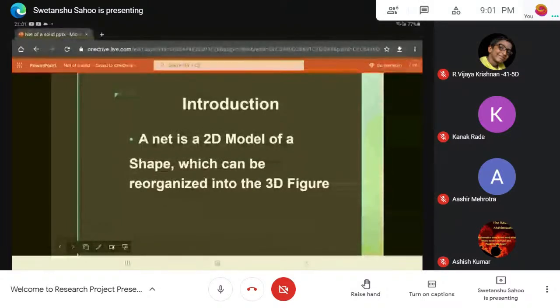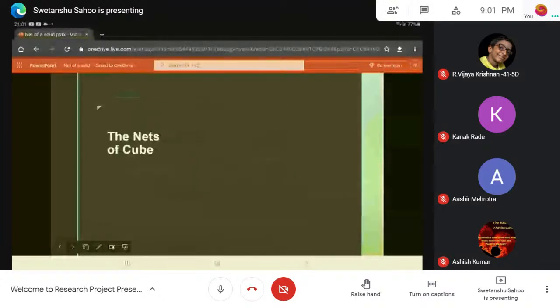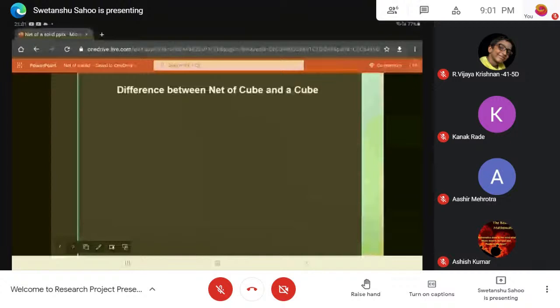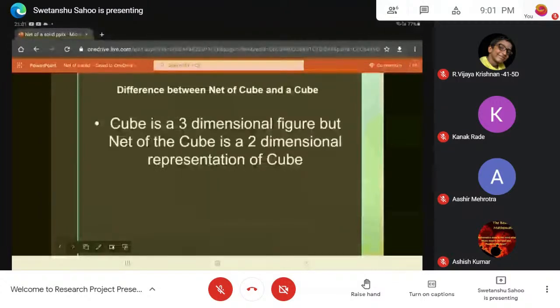The net of a cube. There are 11 nets of a cube. Difference between the net of a cube and the cube. A cube is a three-dimensional figure, but the net of the cube is a two-dimensional representation of it.